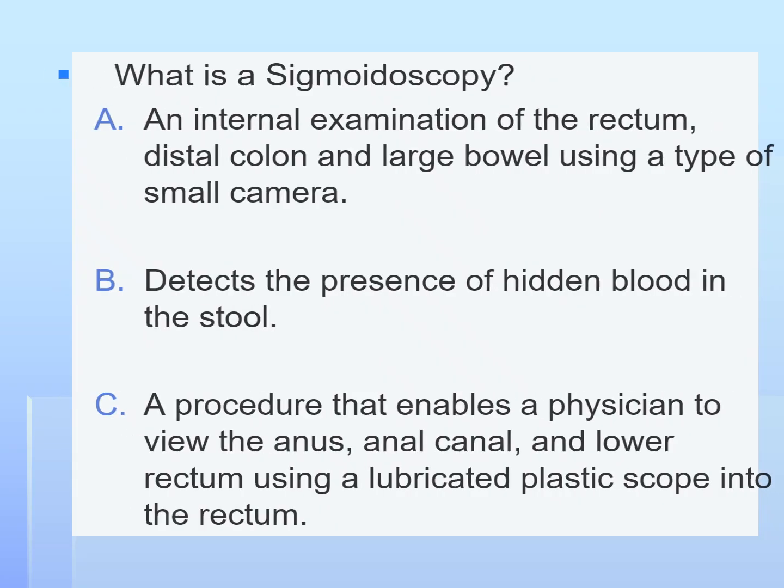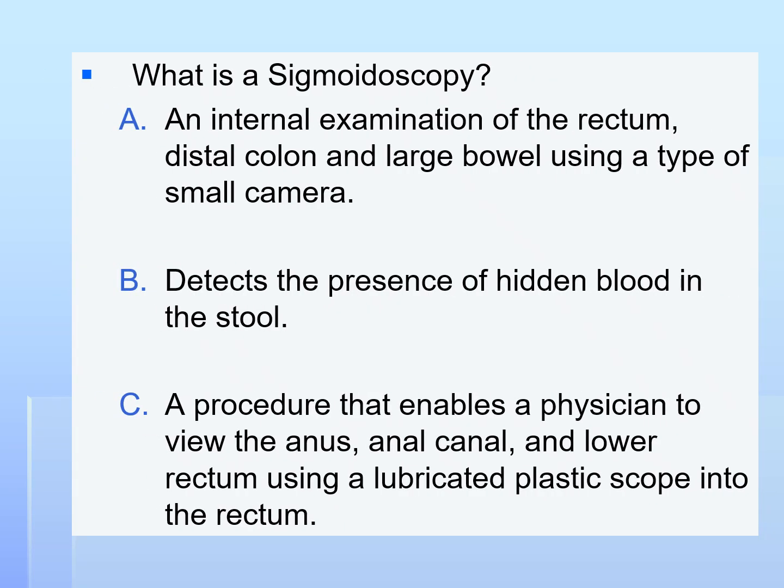Sigmoidoscopy is a diagnostic procedure used to examine the lower part of the large intestine, including the rectum and sigmoid colon. A flexible tube with a light and camera is inserted through the anus, and it allows the doctor to visualize the lining, detect hemorrhoids, polyps, inflammation, ulcers or tumors, and sometimes take tissue samples, that is for biopsy.